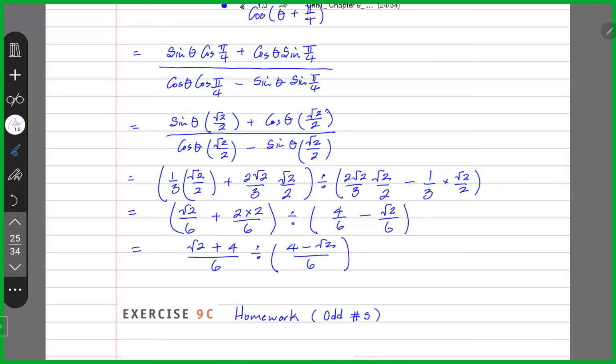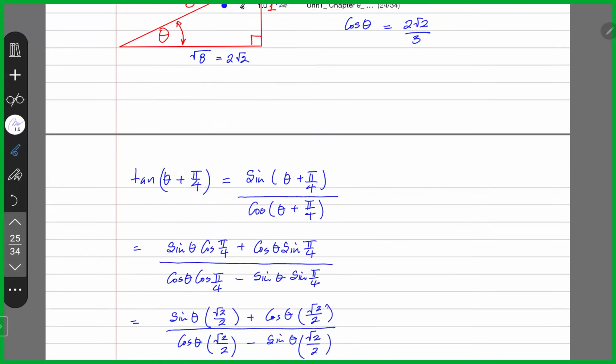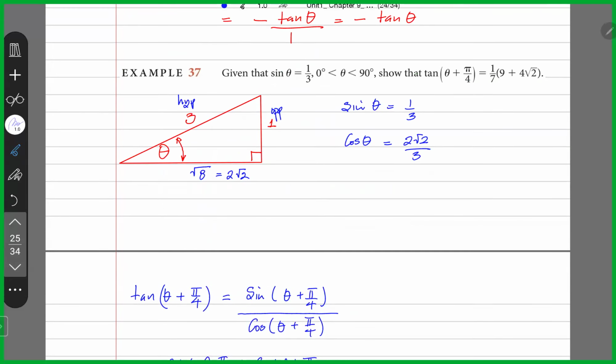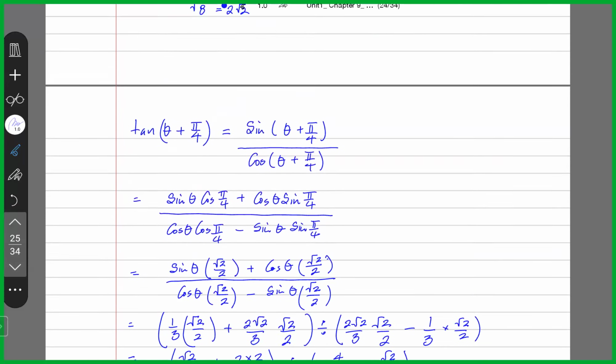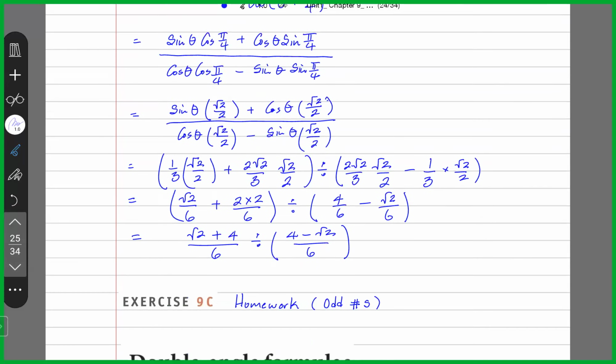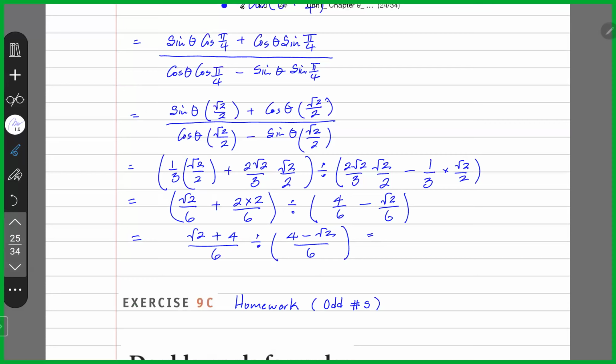All right, and why am I feeling that I went through all that trouble and I'm not going to get this, and that maybe some other approach would have been better? Or I could be wrong. This is root 2 plus 4 over 6 times 6 over 4 minus root 2.